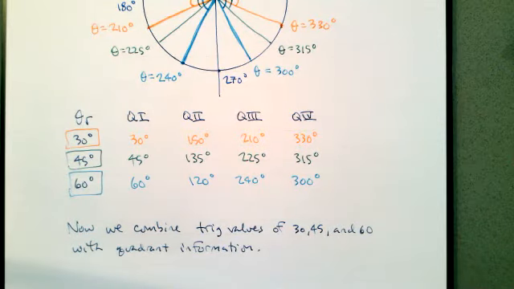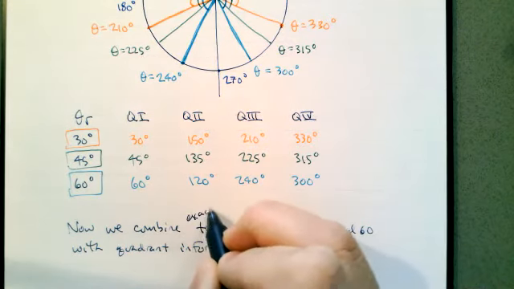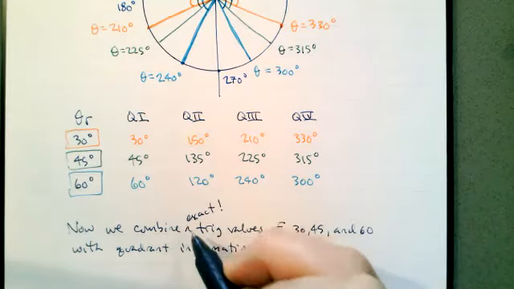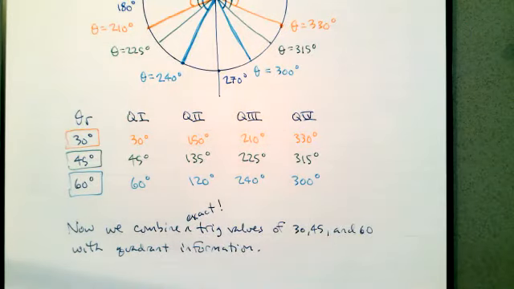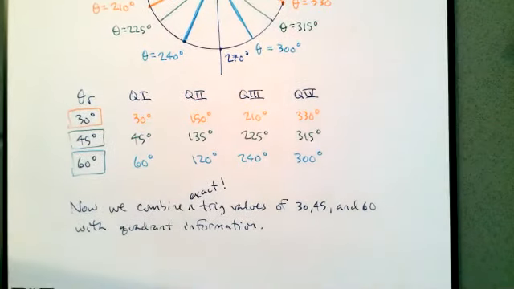That will help us get the trig values exact. We're going to combine our knowledge of exact trig values of 30, 45, and 60 with quadrant information, and then we'll have exact trig values of all 12 of these angles.